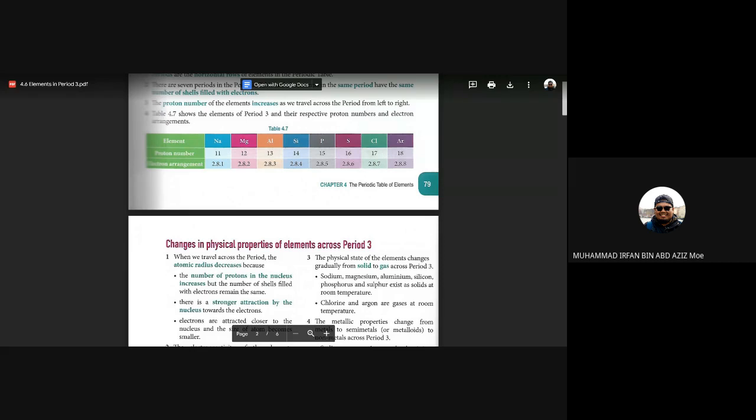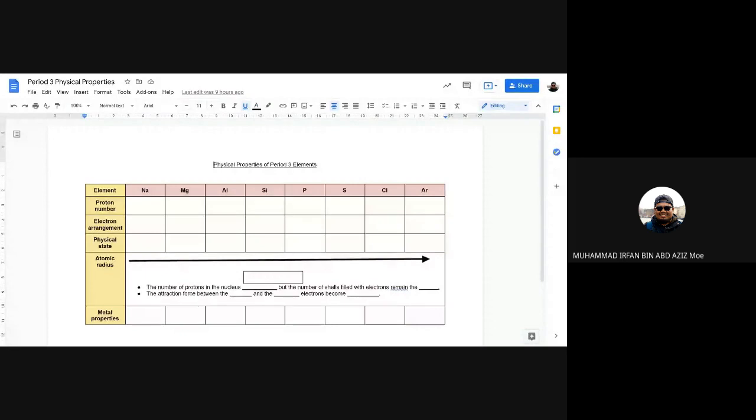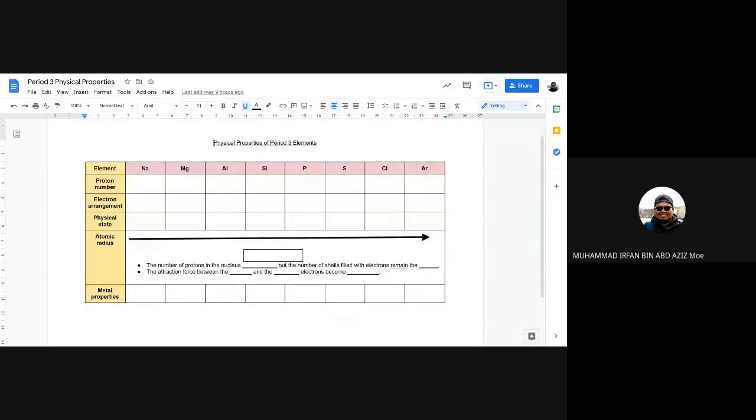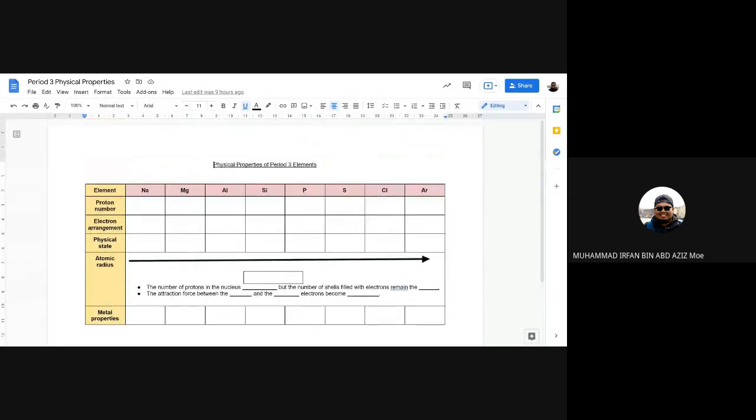Therefore, the attraction between the nucleus and the electrons increases, and then the radius slightly decreases. For these physical properties, just fill in. You can get the proton number and physical state, whether gas, solid or liquid.